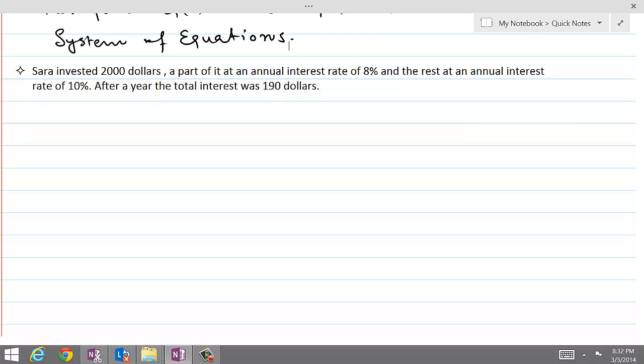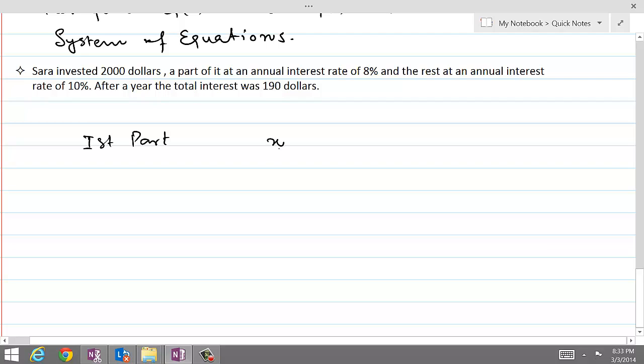So it means that $2,000 is divided into 2 parts. Some of it is invested at interest rate of 8%, and the other is invested at the interest rate of 10%. So first part of 2000, let's say that a part of 2000, we call it x, and the second part is y.